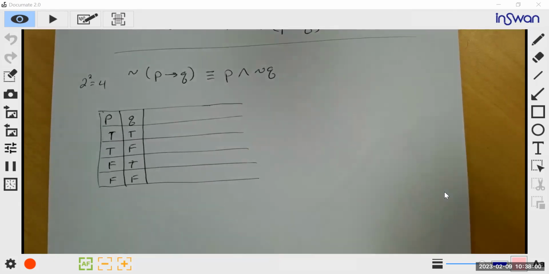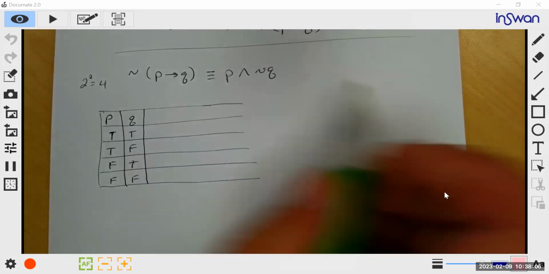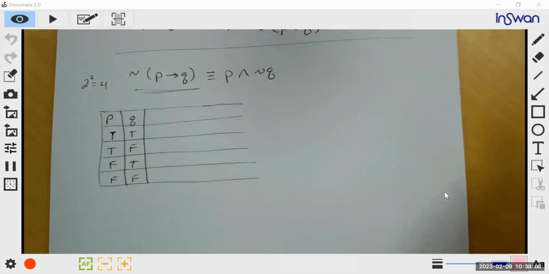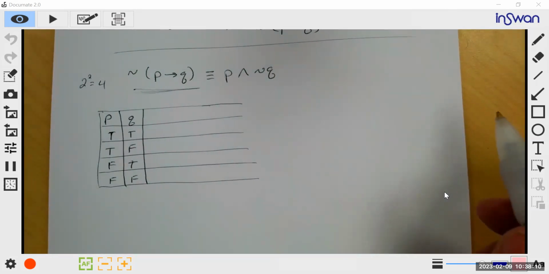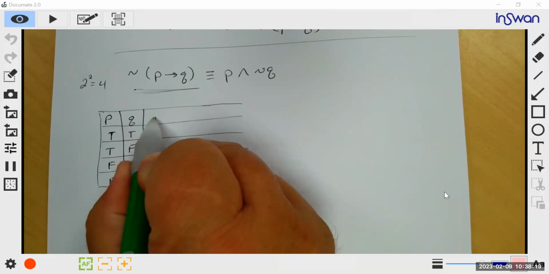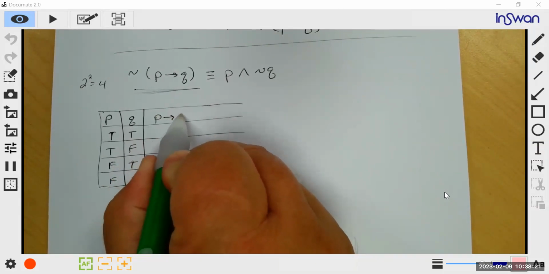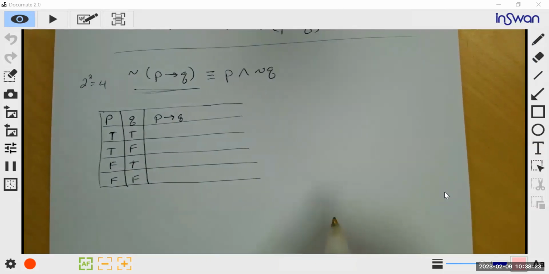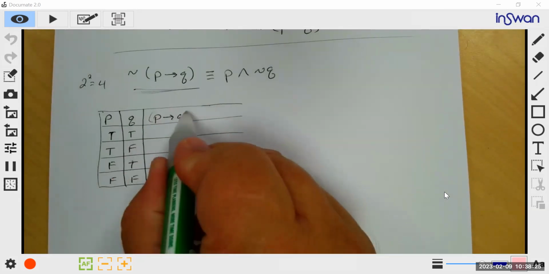What's the first thing we have to do to fill out this truth table? We're only doing this side first. Inside the parentheses, we have to do if P, then Q. We have to do the parentheses first.